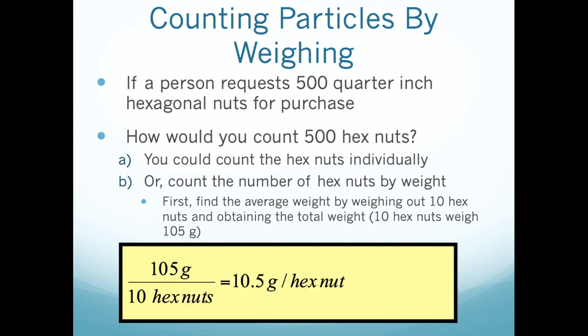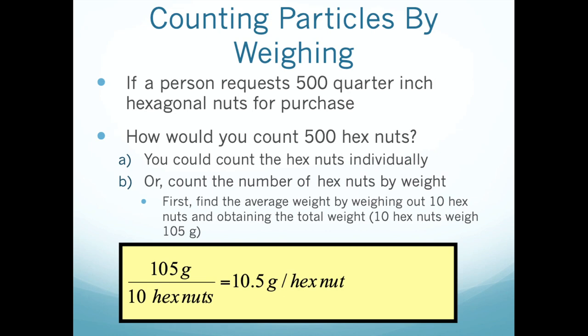Now, with that in mind, can we count out 500 hex nuts with that information? Well, the question you should then ask yourself is, how much do 500 hex nuts weigh? So you can treat that average mass, 10.5 grams per hex nut, as essentially a conversion factor. We saw this way back in the first chapter. We can use these numbers to convert between two quantities.